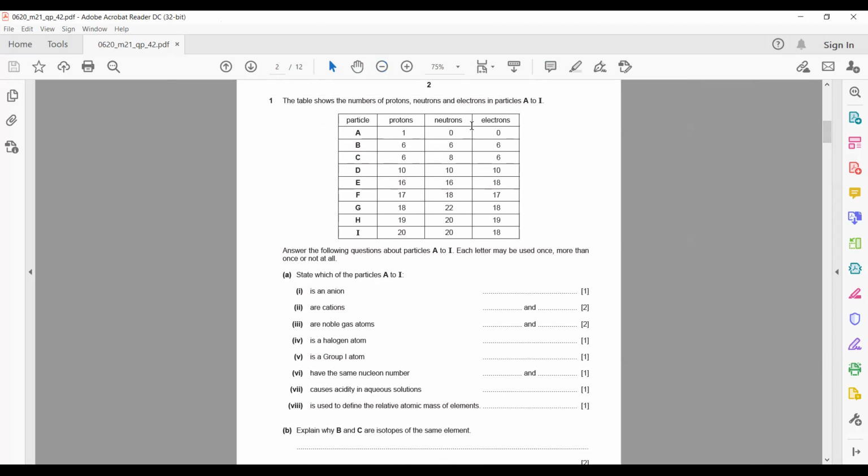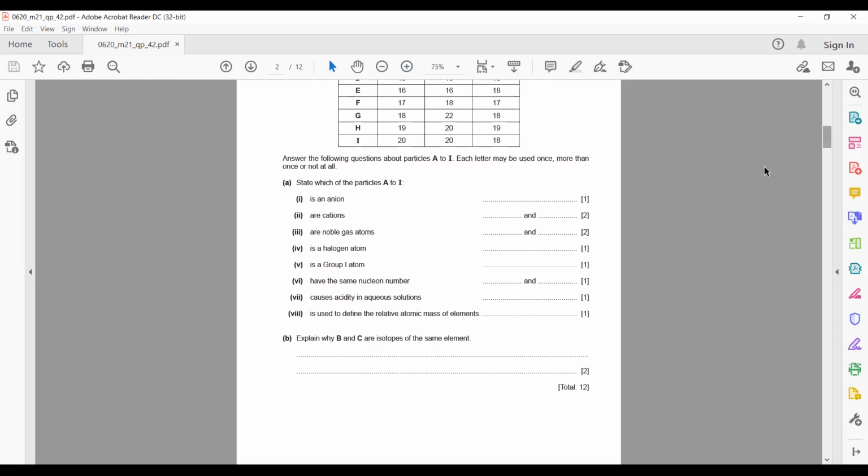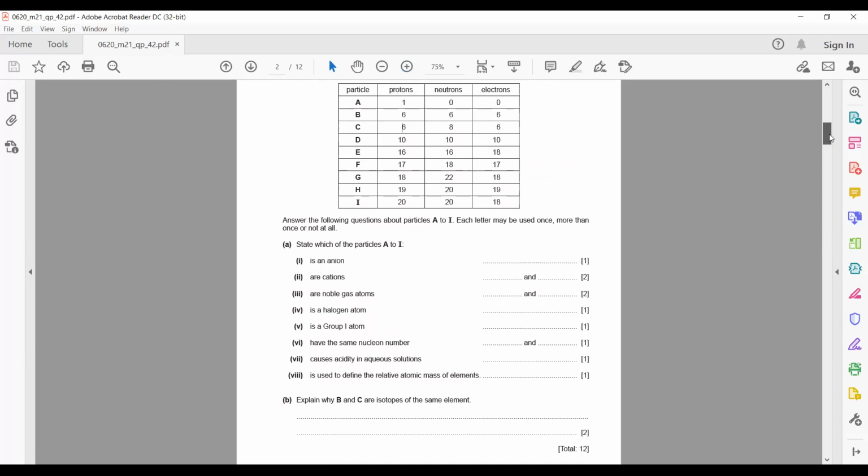And why are B and C the isotopes? So why are they isotopes? Because they have the same number of protons and they have different numbers of neutrons. Is it clear, this question 1? They're asking why B and C are the isotopes.